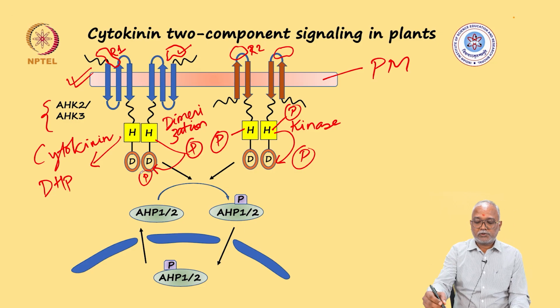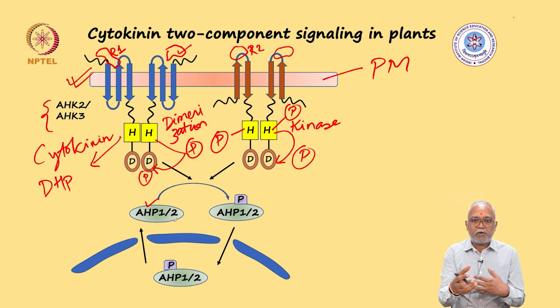Since this phosphate has been transferred to the aspartate residue, it will look for a molecule which has a histidine residue, and that's where you will have histidine phosphotransferases. Remember one more thing which I told earlier, that the transfer of a phosphate group may lead to a change in its conformation and switch it from an inactive to an active state.